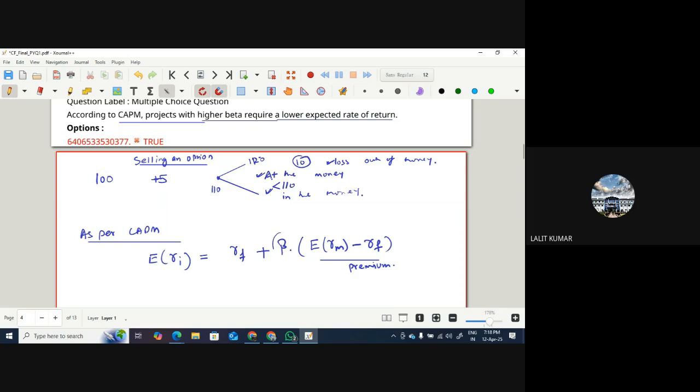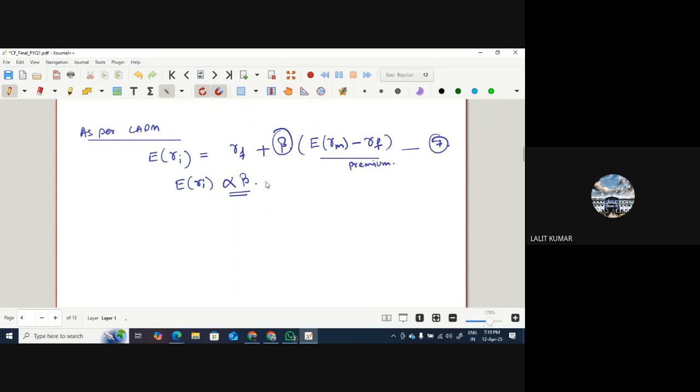So as beta increases, your expected return increases. ERI is directly proportional to beta. Is that okay? Yes, sir. And from here you can calculate the formula for beta also. Beta will be ERI minus RF divided by ERM minus RF.